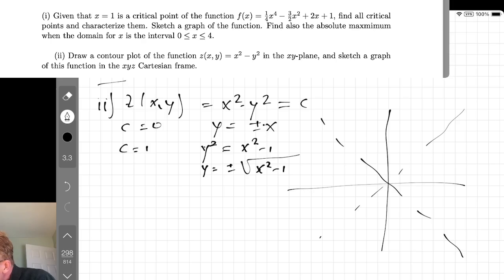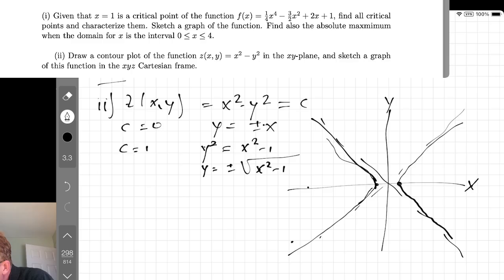So if this is y and this is x, if y is 0, so that's on this axis, then x is plus or minus 1. So this plot is a bit rough, but these 2 points are there. It goes to the asymptotes, here it's vertical, and then it goes there, and here it goes to the asymptote.